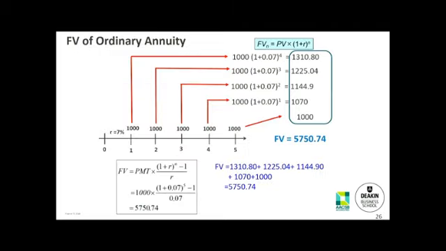We do have an example here about a future value ordinary annuity. As you can see in this example, the cash flow stream is 1,000 in year 1, 1,000 in year 2, 1,000 in year 3, year 4, year 5. 5 cash flows.